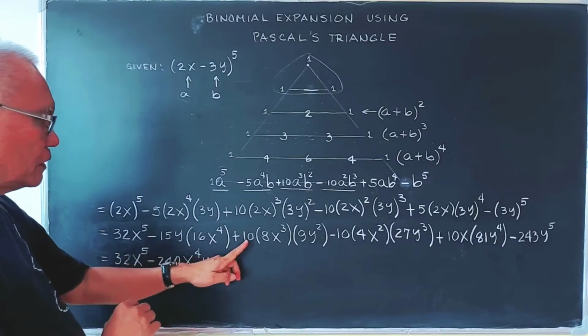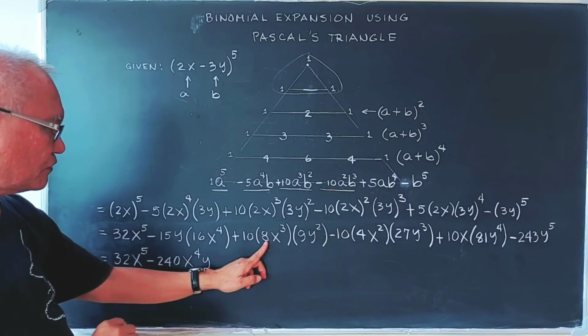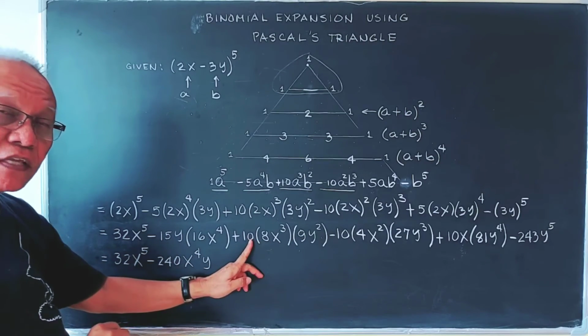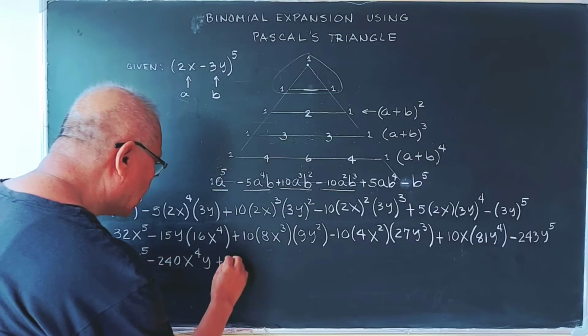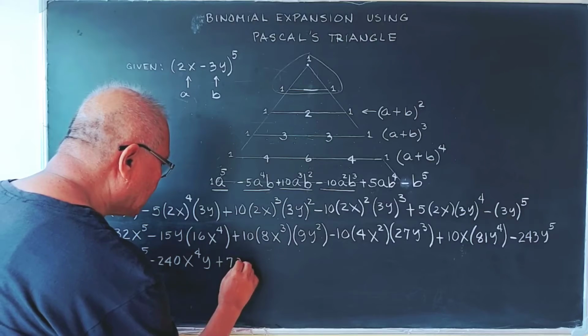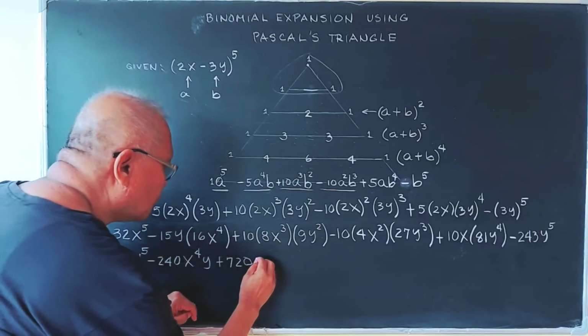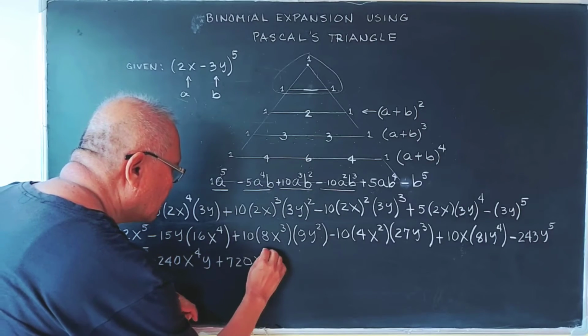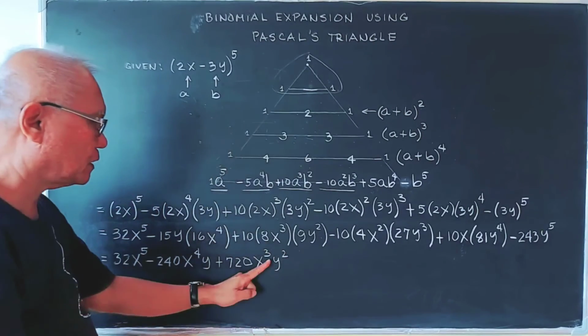And then we have 9 times 8 is 72 times 10 is 720. So it's plus 720 x cubed y squared. 3 plus 2, 5.